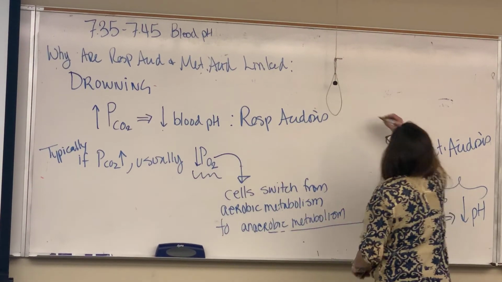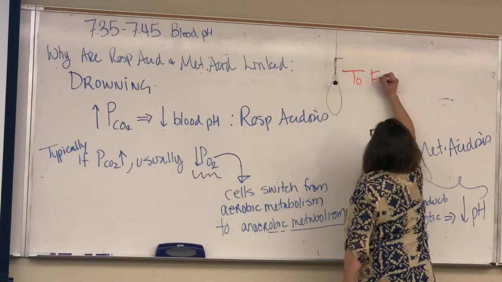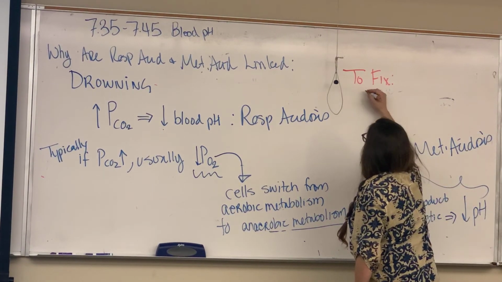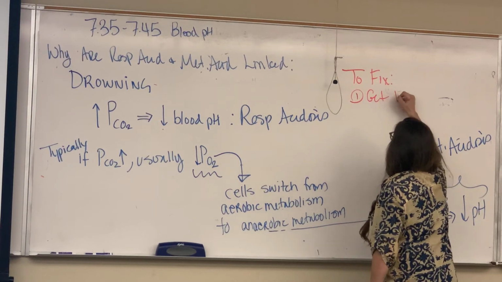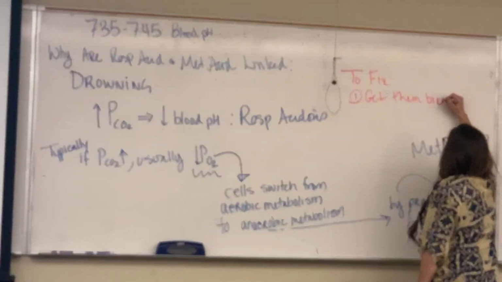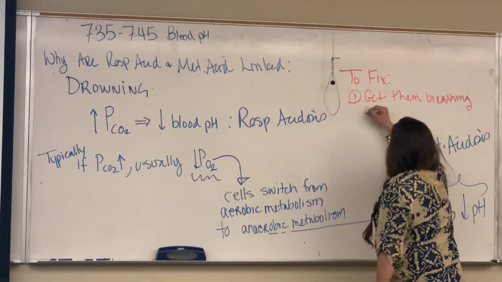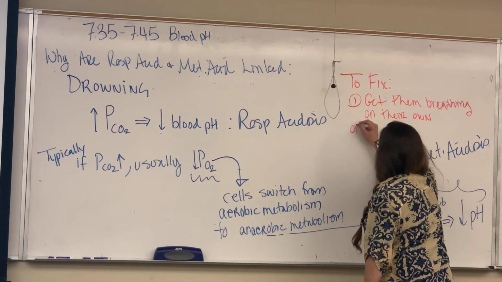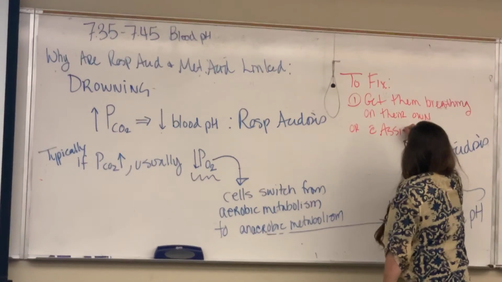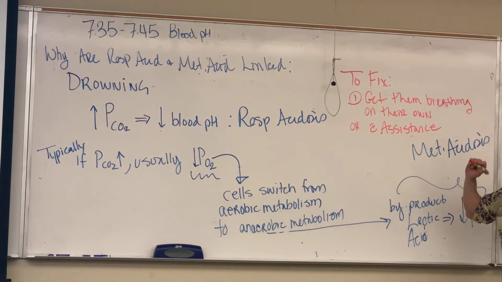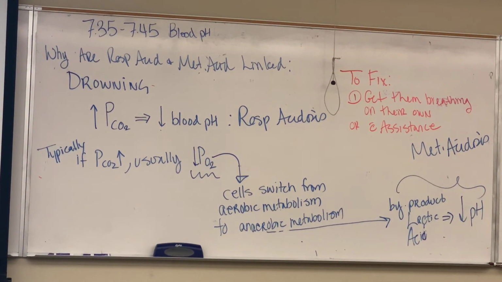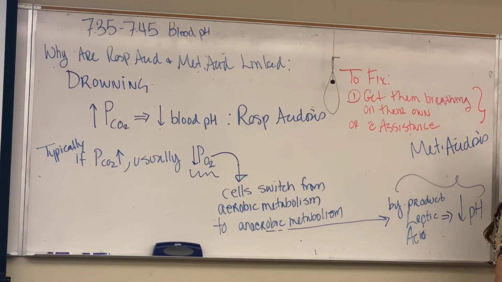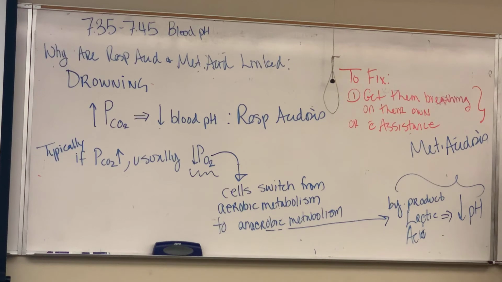So to fix this problem, for somebody that's drowning, you want to get them breathing, either on their own or with assistance. Assistance being you or a ventilator, something. And this will get the CO2 levels to start to drop.